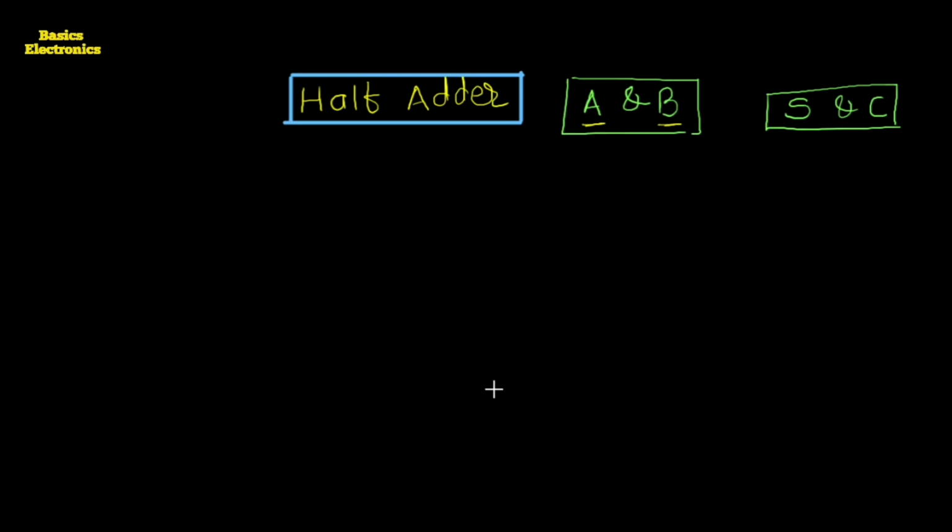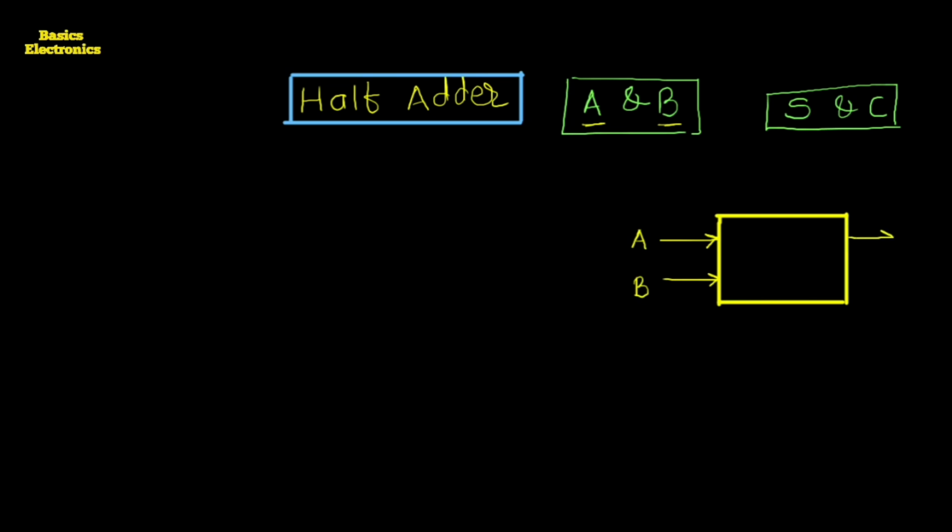Now the circuit has two inputs, and I am going to draw the symbol of this half adder. The symbol has two inputs, the first is input A and the second is input B, and there are two outputs.